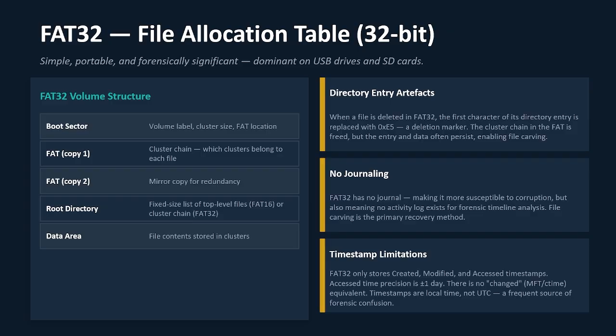There are timestamp limitations, so it'll only store the created, modified, and access timestamps, and it only keeps day timestamps and local time, but it doesn't store it in a UTC format or anything other than that. It's just very rudimentary, and it comes from a time back in the 80s and 90s when this wasn't as critical.